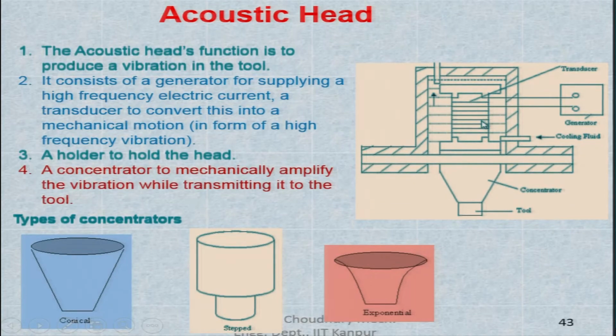Since it is a high frequency, as I said, the frequency can be 20-25 kilohertz. Okay. So, at that high frequency the temperature produced will be very high. All right. This vibration is generated by means of a generator, and this is the transformer. This transformer helps in producing the required vibration.